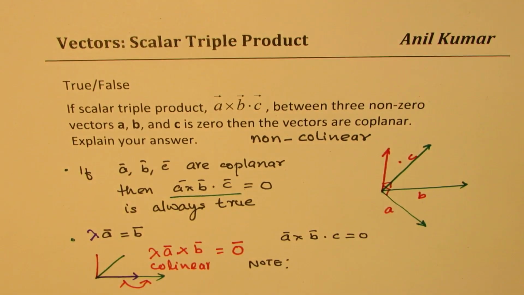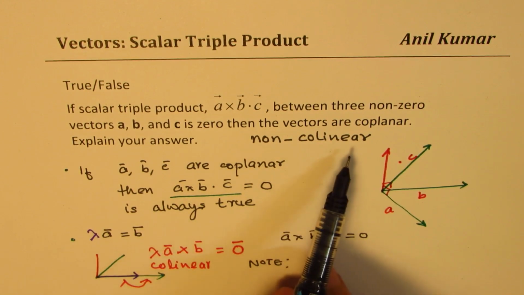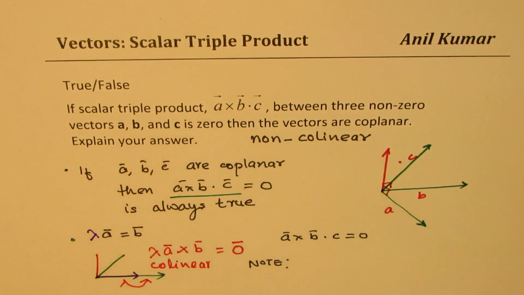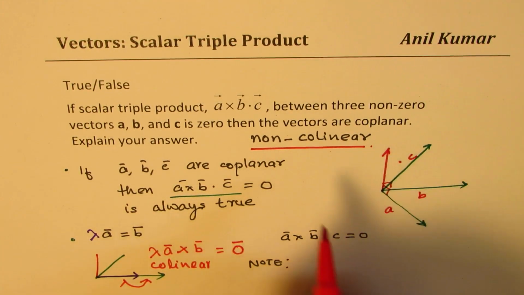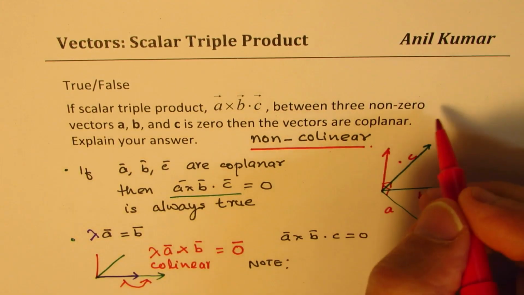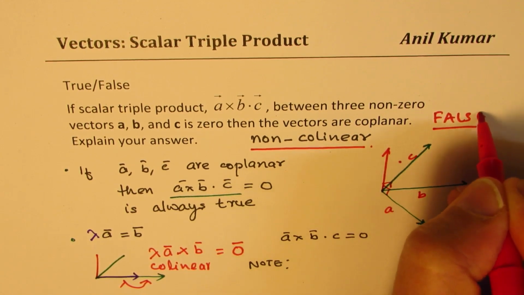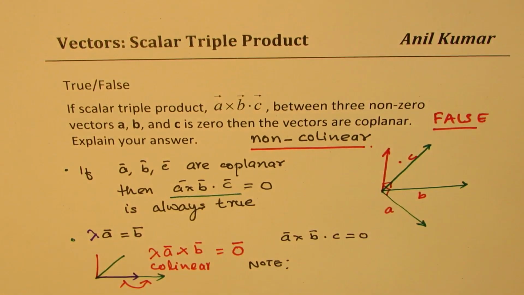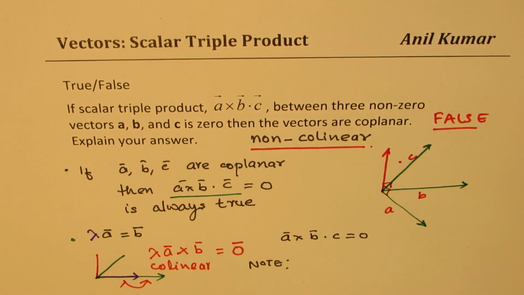So if we are saying that we have three non-zero, non-collinear vectors, then this statement is always true. Otherwise not. Since this is missing, we'll say this statement is false. Correct? Because A and B could be collinear vectors. Even then, the scalar triple product will be 0.